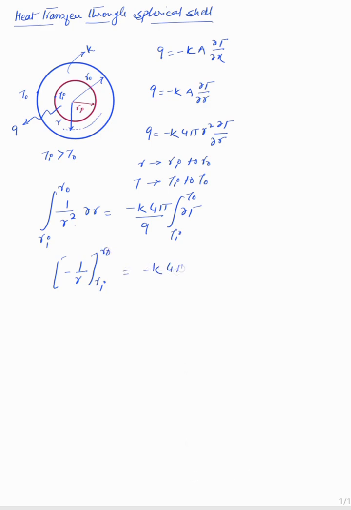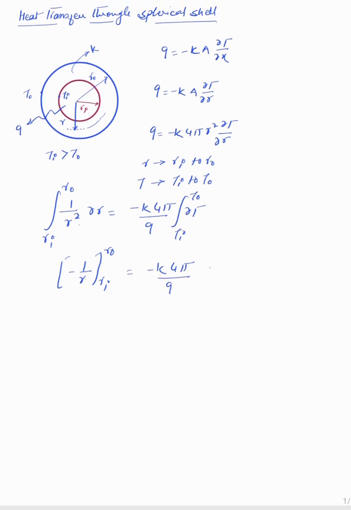Minus K 4 pi by Q, integration of dT is T from Ti to To. So now, after putting the limit, 1 by Ro, this minus plus 1 by Ri is equal to 4 pi K by Q, minus this is To minus Ti.